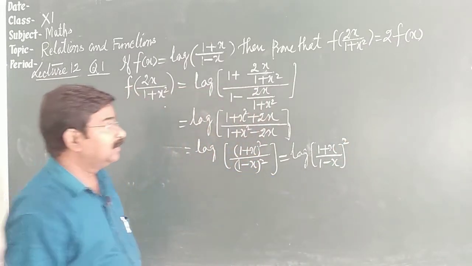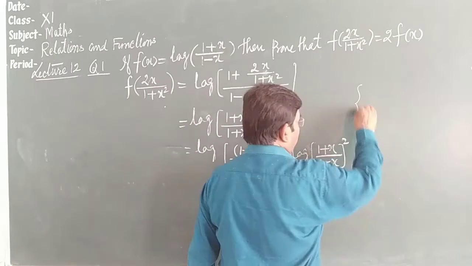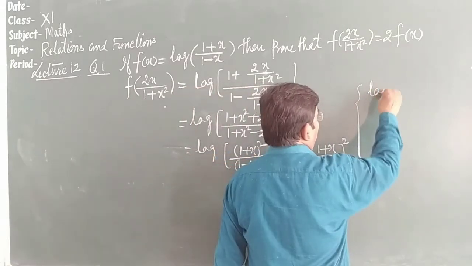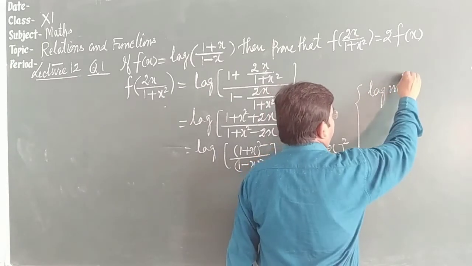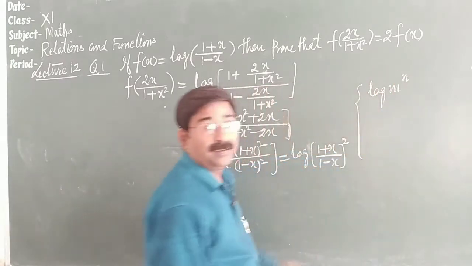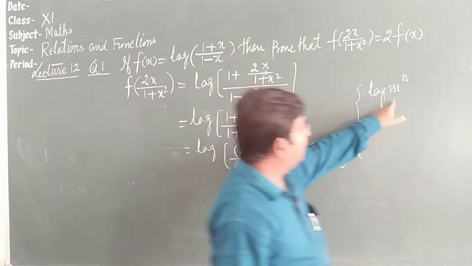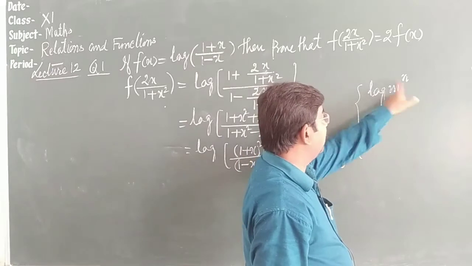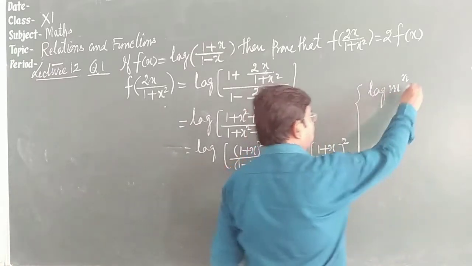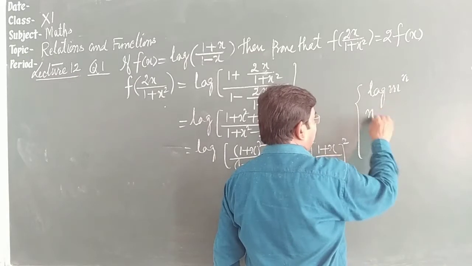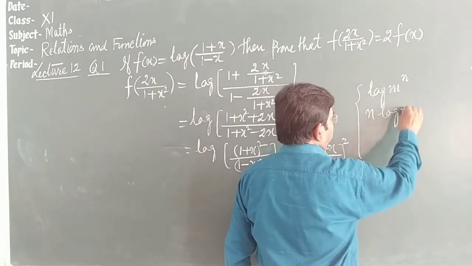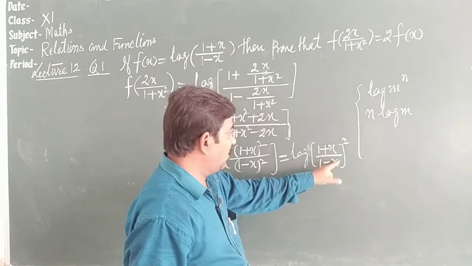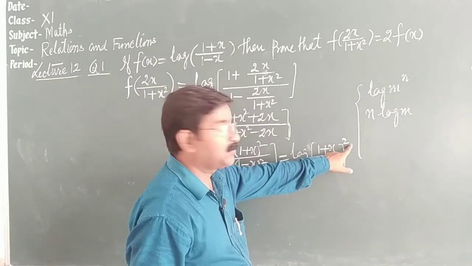Now I am giving the formula of log. You don't know it, I think. If we have log m to the power n, try to understand: when we have an exponent, by the rule of exponent, this exponent will come first, which means we will have n log m. This is the formula. Here we have the same (1 plus x upon 1 minus x) and its exponent is 2.